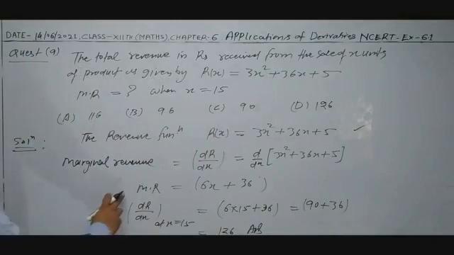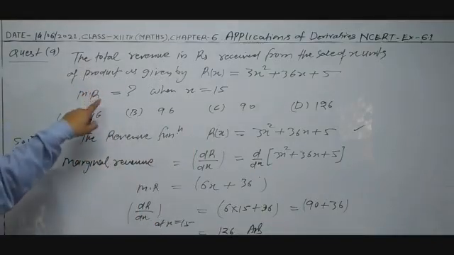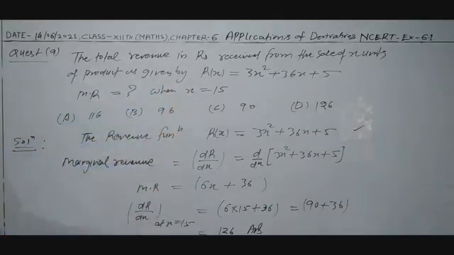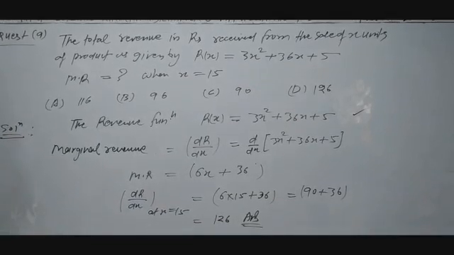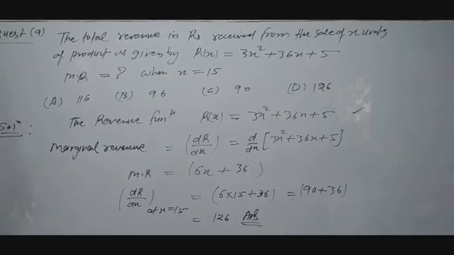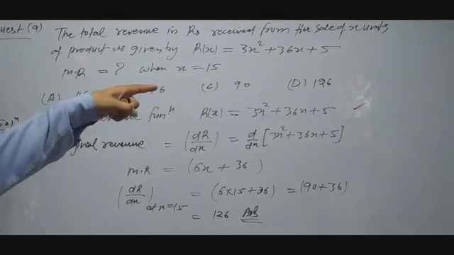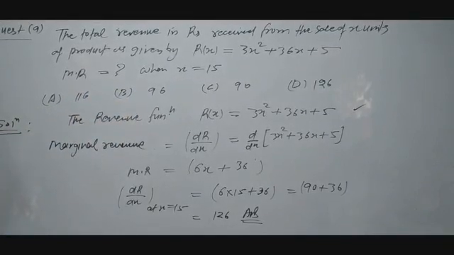This is the marginal revenue. You have to calculate it when x is equal to 15, so you get 6 into 15 plus 36, which is 90 plus 36. The result is 126. 126 is the answer. So option D is correct.